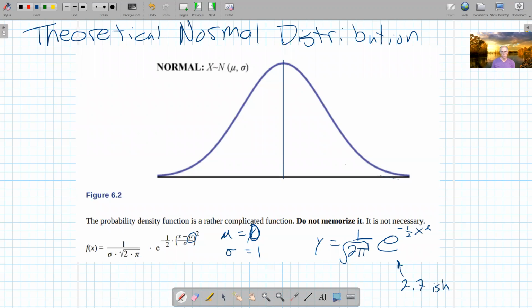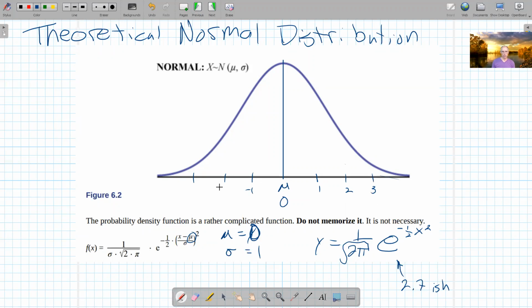And remember, we've drawn pictures like this before. We've been drawing them for a couple of weeks now. So I'm saying mu is 0 right in the middle, and then standard deviation. So this would be about 1 to the right, 2 to the right, and 3 to the right. And then over here is 1, 2, 3. So this would be +1, +2, +3, because the standard deviation is 1.